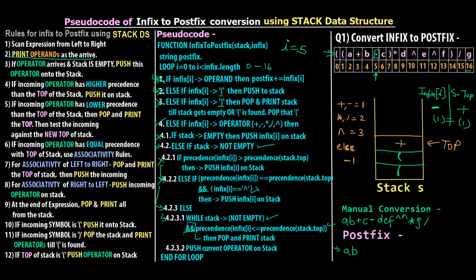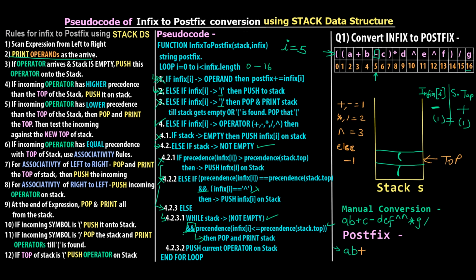So we will go inside the while loop which says then pop and print the stack. So first thing we will pop this plus sign. It will be popped out and appended to the postfix expression. So let's write plus over here. Let's remove it from the stack. And now the new top of the stack is this opening bracket. So first pop and print is done.